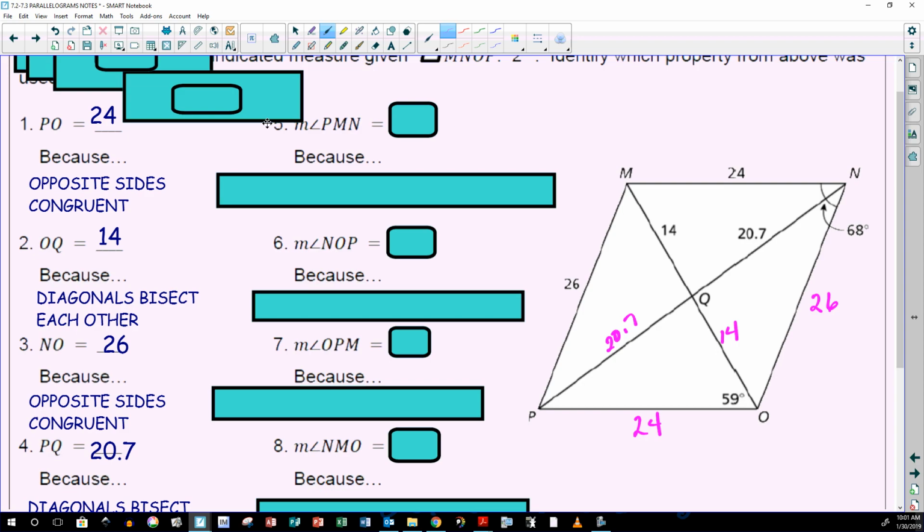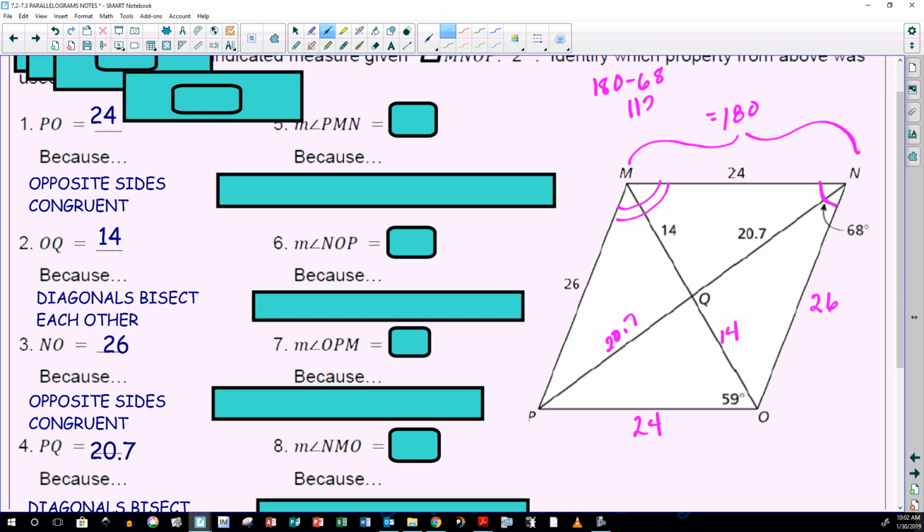PMN is this entire angle right here. Well, I know that these 2 angles will add up to 180. So if this whole angle here is 68, then what is 180 minus 68?